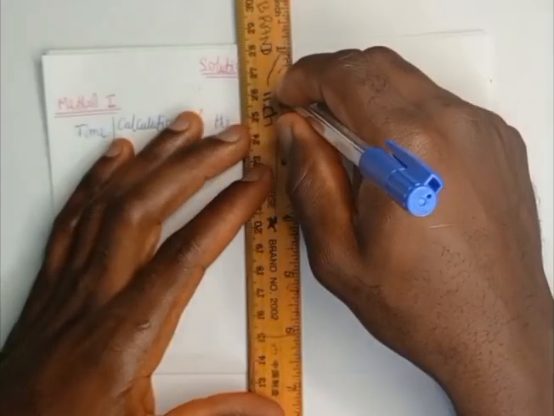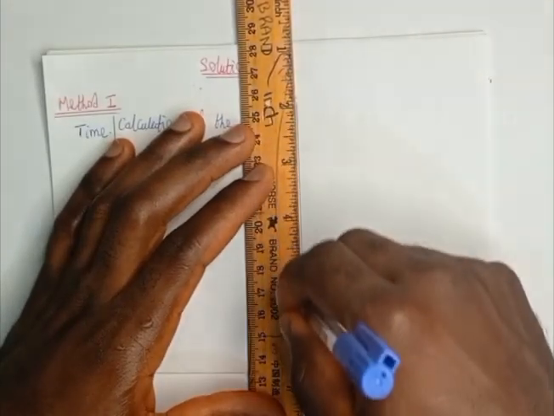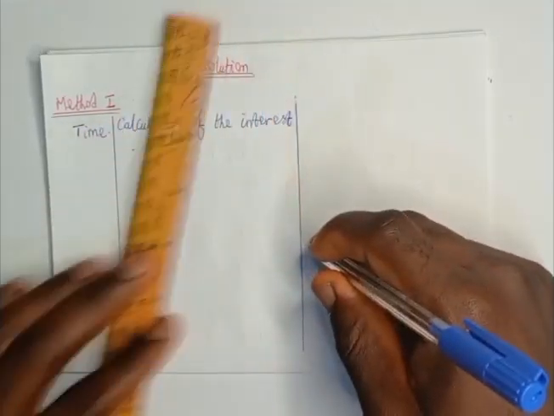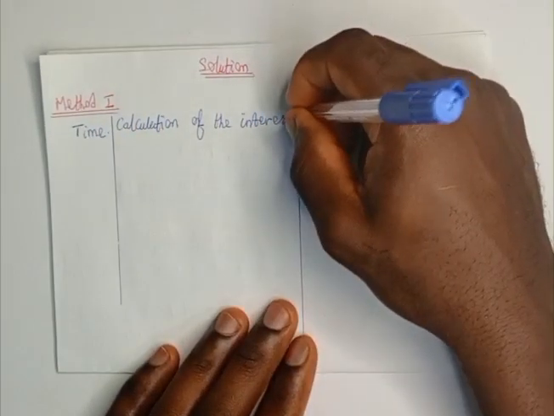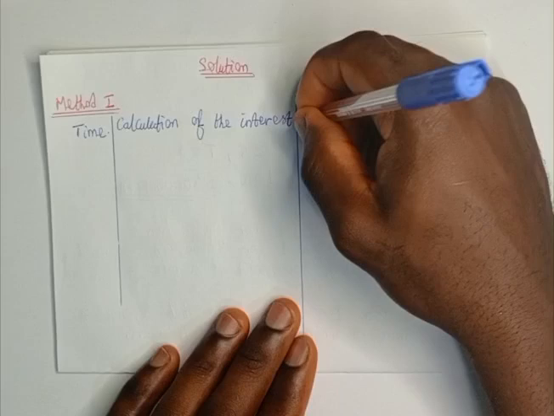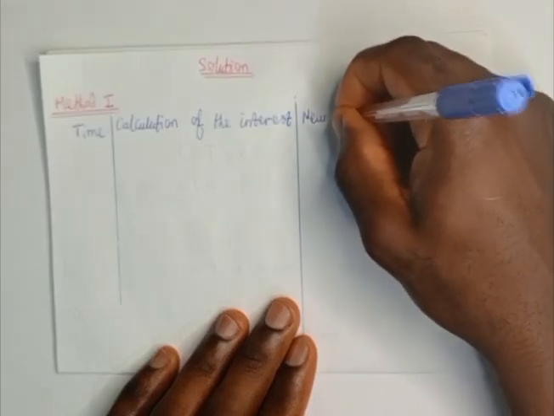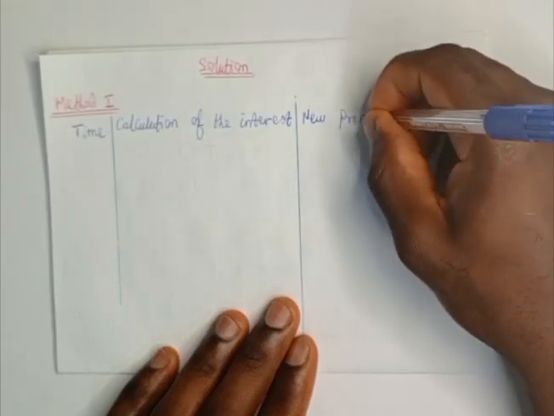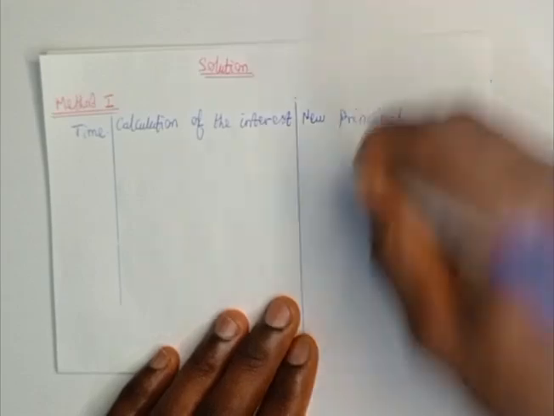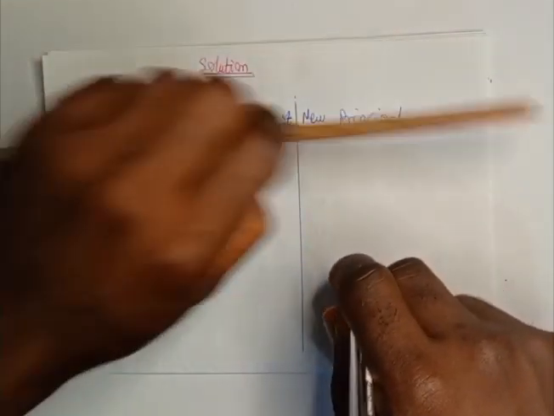Then the next column carries the new principal. Since for each year the principal changes.